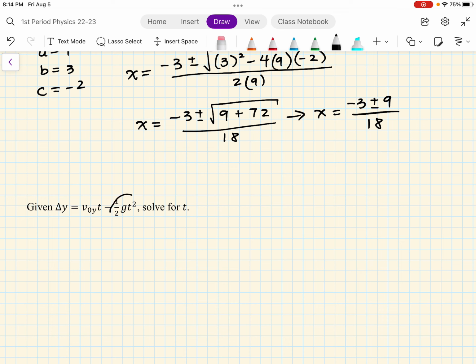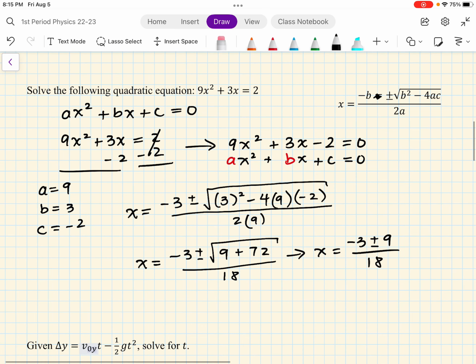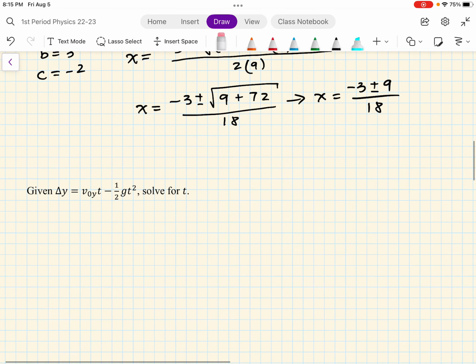So we have this one here and this one here. Notice how this one is a quadratic term, but now we're using t. And then this one's linear, which means this equation, although it does not look like this, is still a quadratic equation.